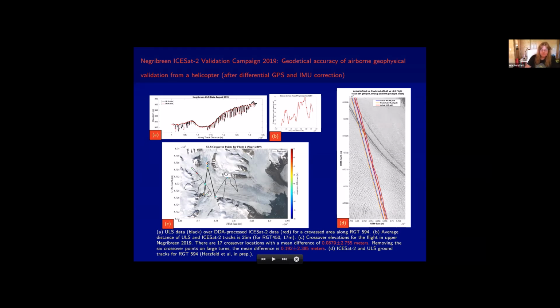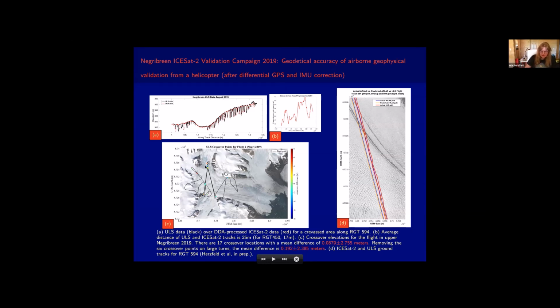That's actually quite good. Here we have corrected all the ULS data using the differential GPS correction and what's called the IMU correction. So for STRIDA, these are all the figures for a better version of last year's talk, which will go into the paper for your journal real quick.